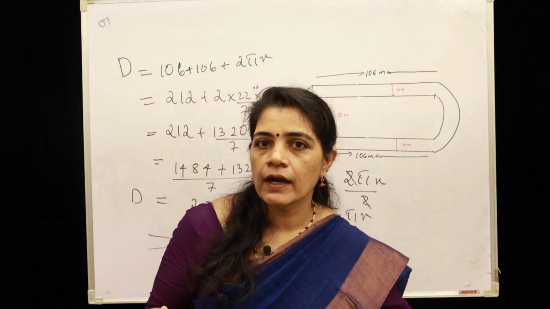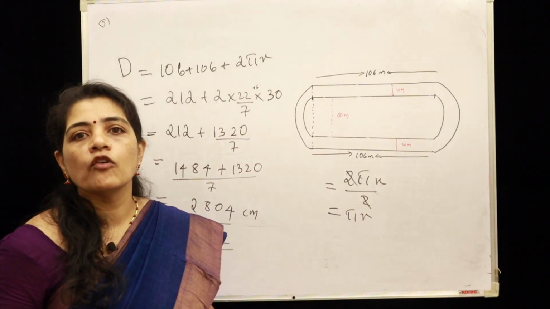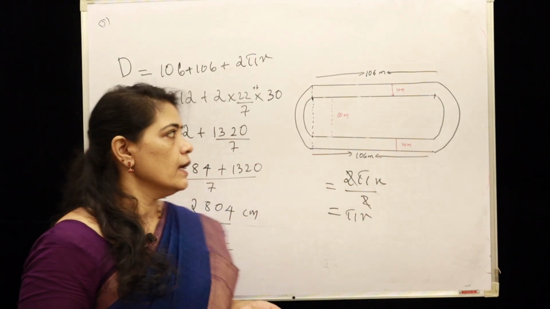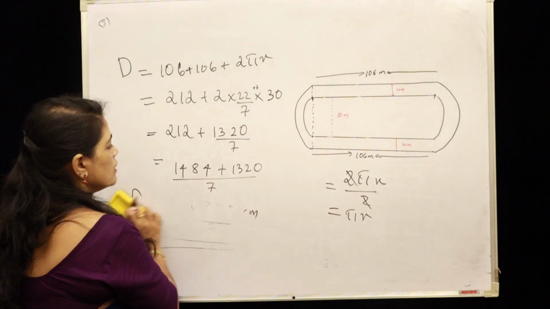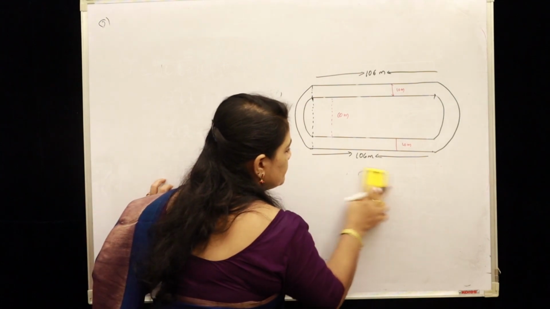And in the second part what is asked is, we have to find out the area of the track. For that I am going to rub the first part, that is the distance around the inner edge.